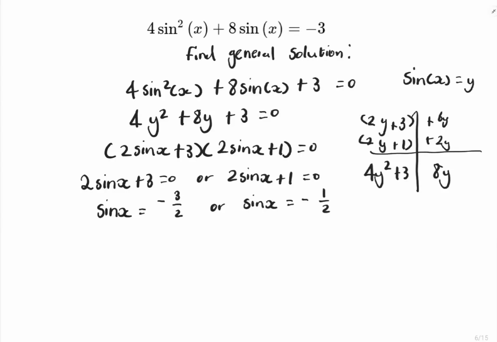So let's start with the first sine x. Sine x, well, let me just say x is equal to no solution. Why? I didn't even use a calculator, so how can I just conclude it's no solution?